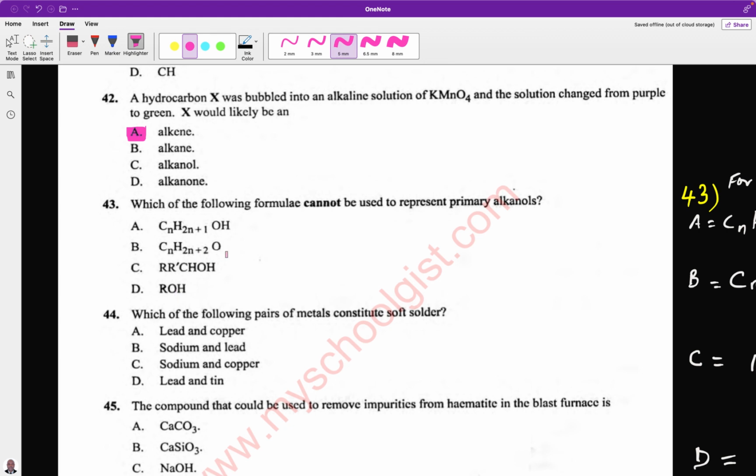CnH2n+2O. So on this one, let's solve this, and you will definitely know which one is a primary alkanol and which one cannot be used to represent a primary alkanol.